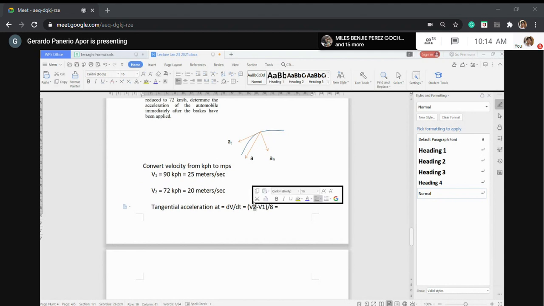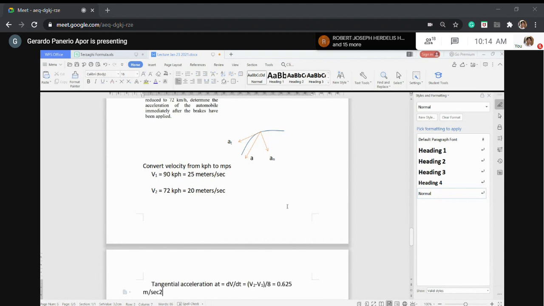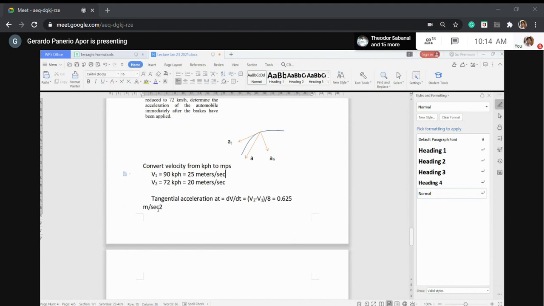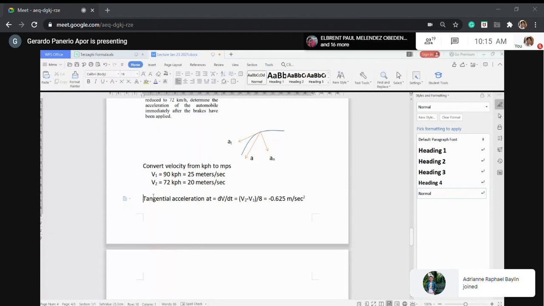So 20 minus 25 is negative 5, divided by 8. 5 divided by 8 is equal to 0.625, and the unit is meter per second squared. Sir, it's negative, right? Yes, it's negative. Correct. I forgot. So the tangential acceleration a_t is negative.